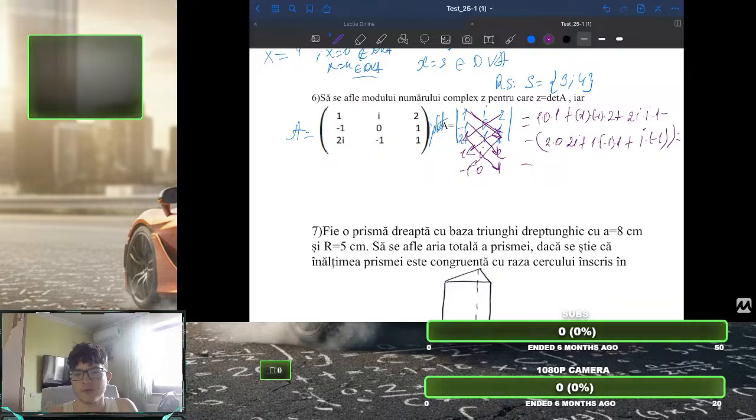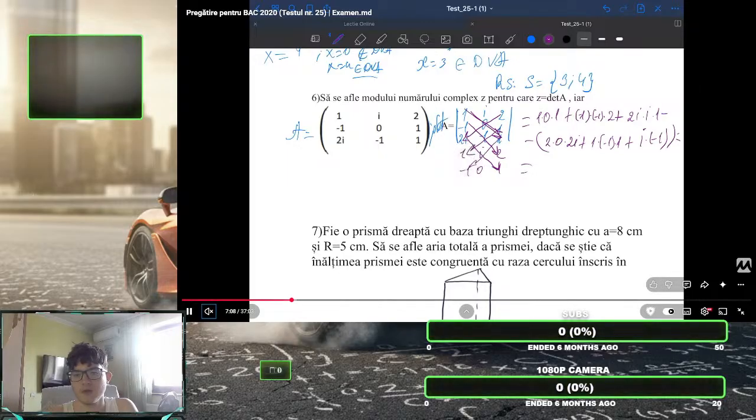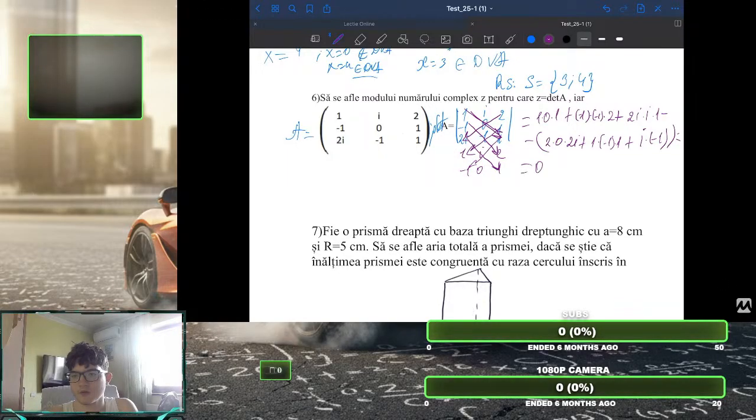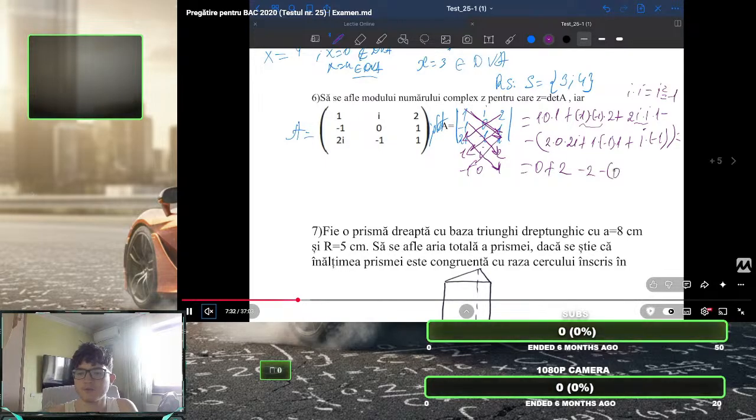So first up, it's gonna be 0 plus 2 plus 2i to the second power, and remember that i to the second power is minus 1, so essentially we just flip the sign there, so it's going to be minus 2.